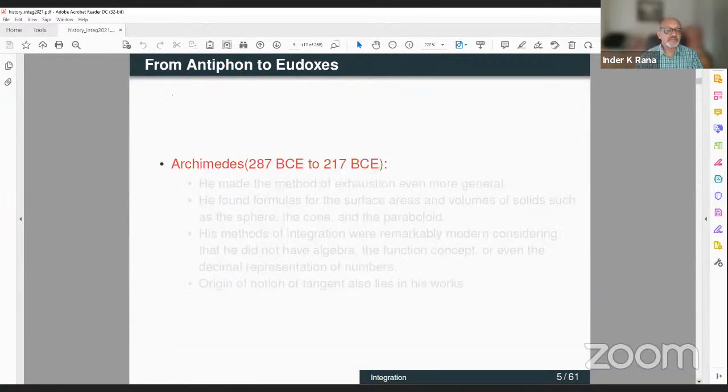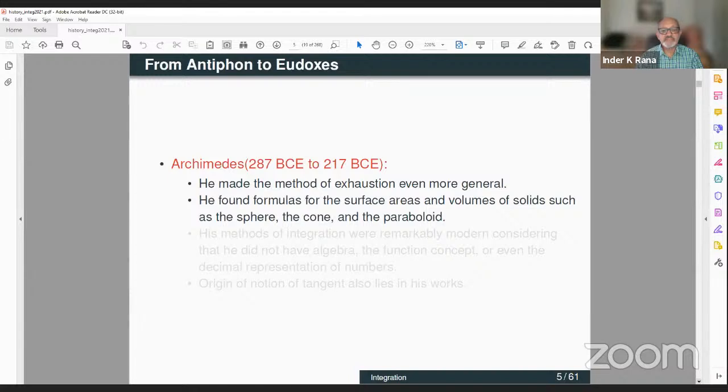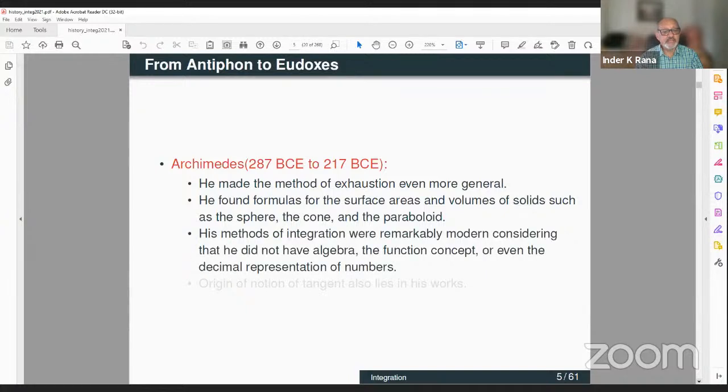Next comes Archimedes, one of the main contributors of that era. He made the method of exhaustion more general. Okay, he almost perfected it. He found formulas for the surface areas and volumes of solids such as sphere, cones and paraboloids.